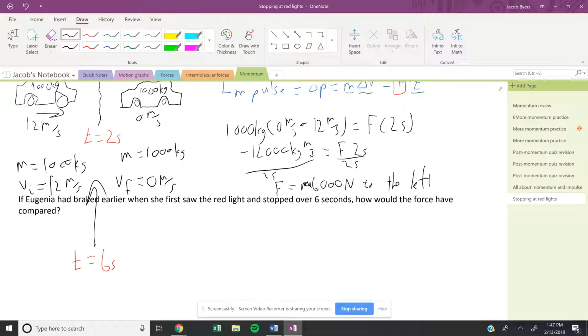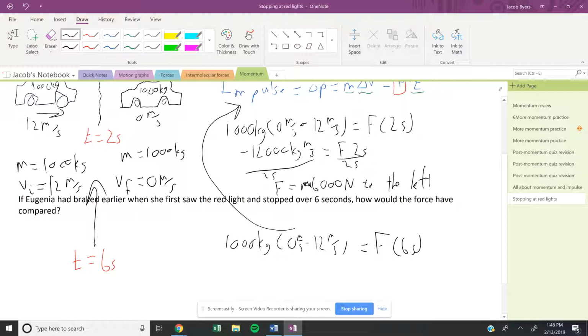Using all of that knowledge up there, we're going to do 1,000 kilograms times 0 minus 12 meters per second equals force times 6 seconds. You do the same math, but this time you're going to get negative 12,000 divided by 6 and not 2.